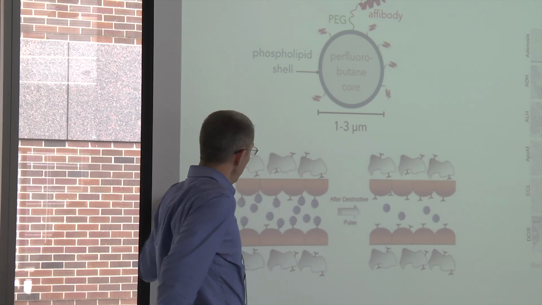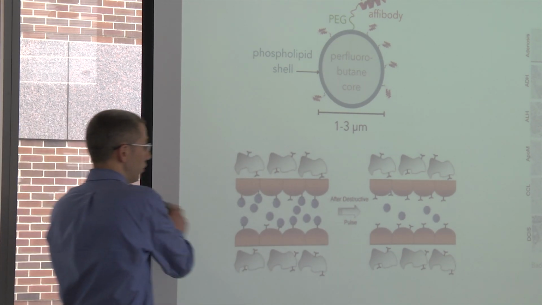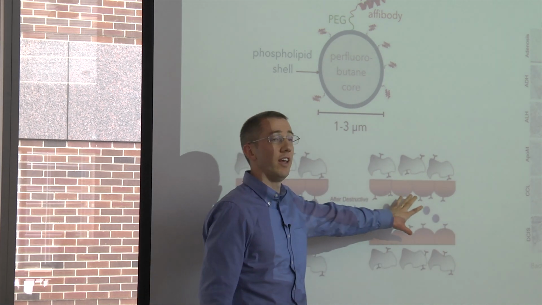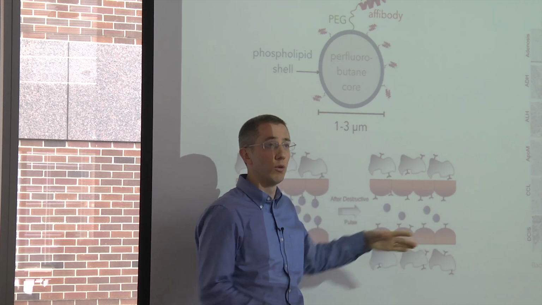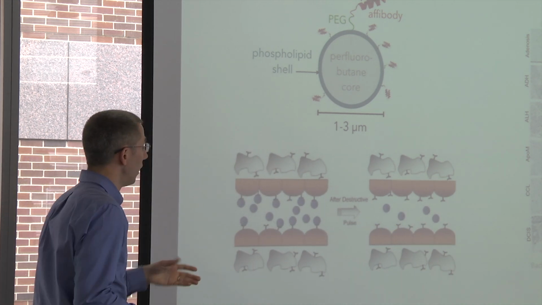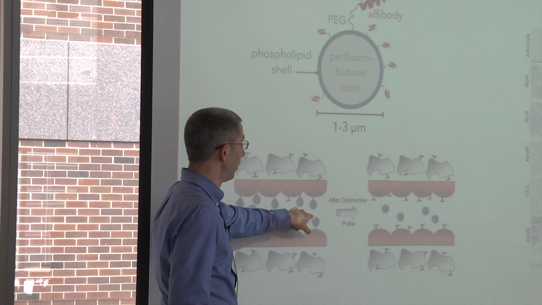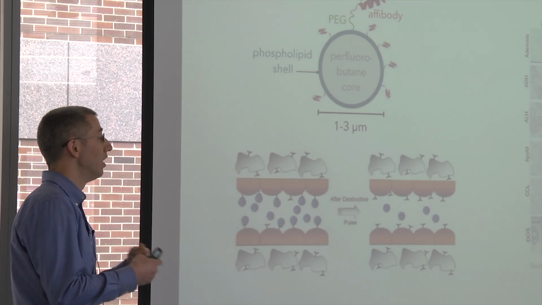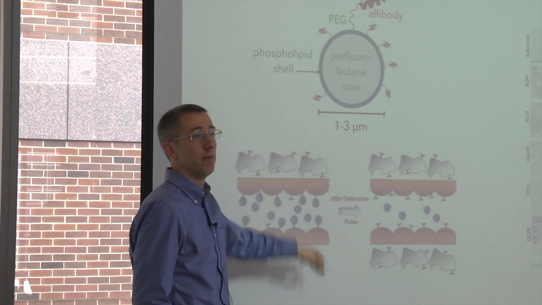Then a moment later, new bubbles that were not in that region will be flowing through the bloodstream and now occupy that region. So you can compare the before to the after. And so the after will be the local density of just the blood flow, but the before will be the local density of blood flow plus all the bound molecules. And so that differential between those two imaging time points will tell you how much biomarker you had present.